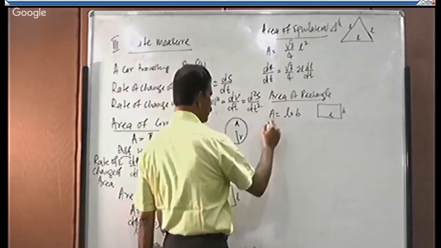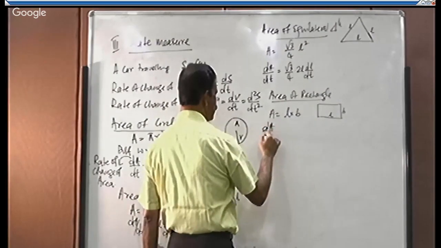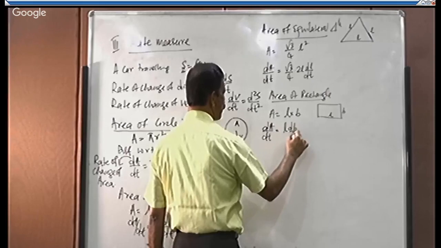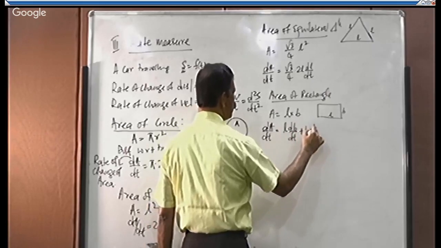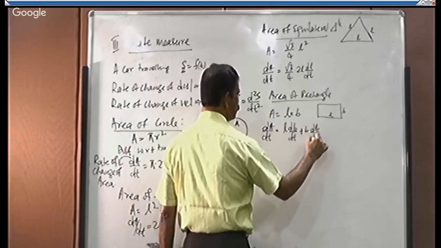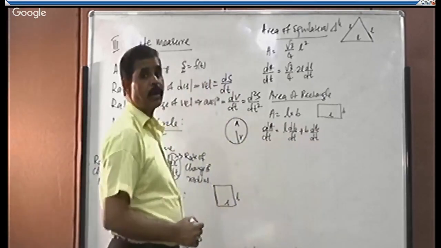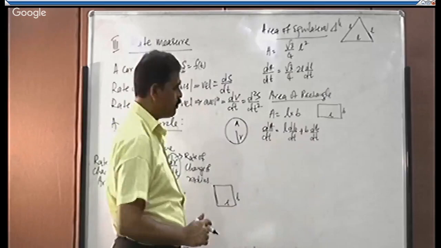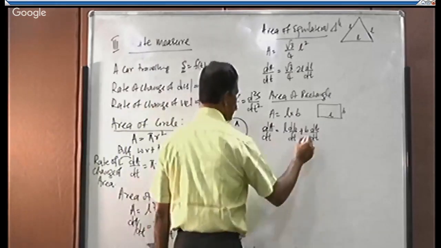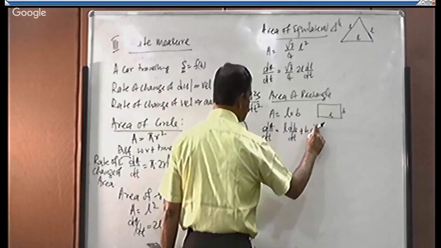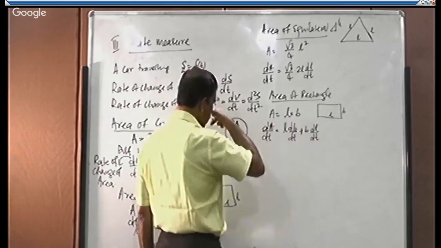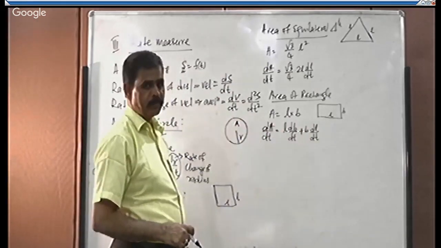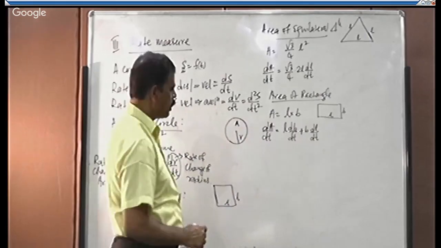If I differentiate it, I will get dA by dt is equal to L into dB by dt plus B into dL by dt. I should use the product rule. Why? Because both length and breadth are variable and are in product. dL by dt is the rate of change of length. dB by dt is the rate of change of breadth. dA by dt is the rate of change of area. Okay.